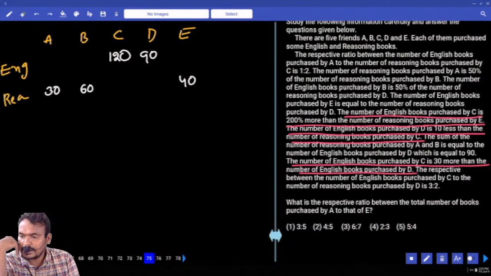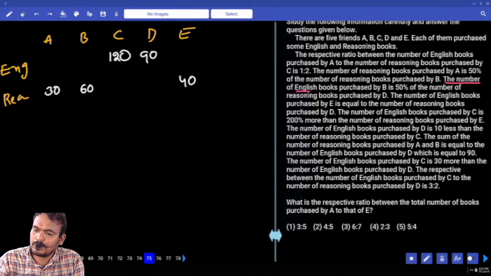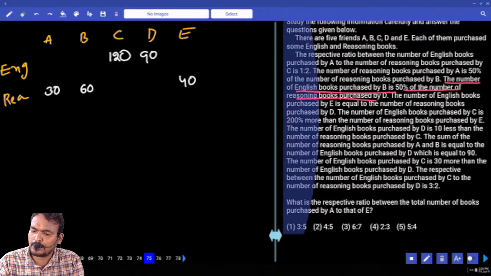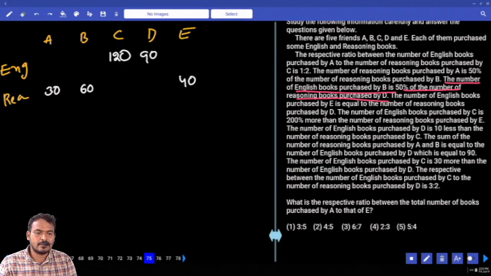Okay. Next, second line: the number of English books purchased by B is 50% of the number of reasoning books purchased by D. What is the last line?